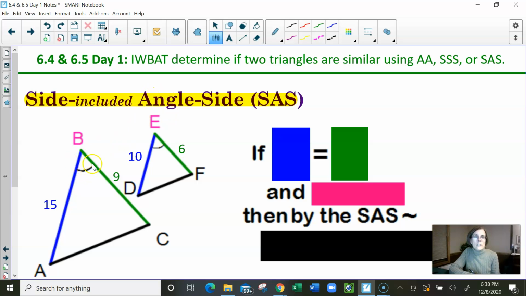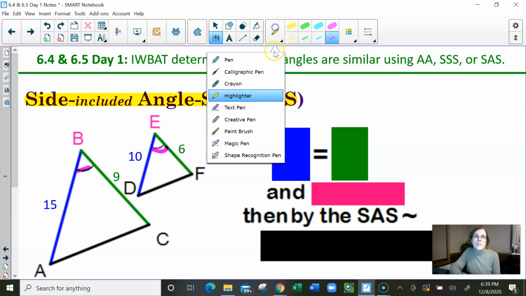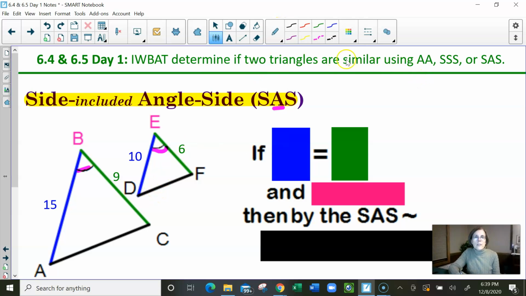Remember, the included angle is the one that's right between those 2 sides. So let's look at this. We have side, angle, side. That angle is in between. It's formed by the blue side and the green side. So this angle and this angle are in between. So that's what the included angle is.